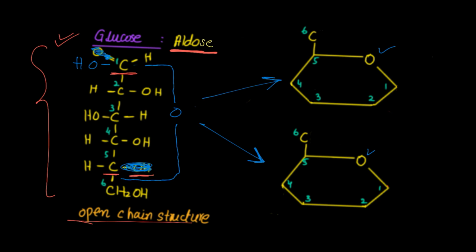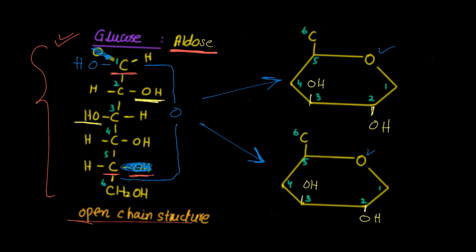Okay, let's place these. Now in carbon 2, you may notice we have an OH on the right side. That means we'll have an OH in the ring structure below the ring. Similarly here as well. Similarly in carbon 3, we have this in the left side. Let's make that above the ring, and here also above the ring.